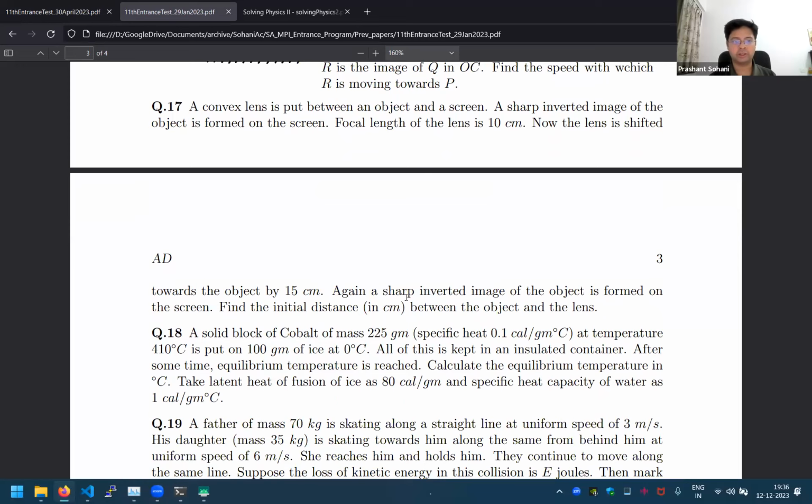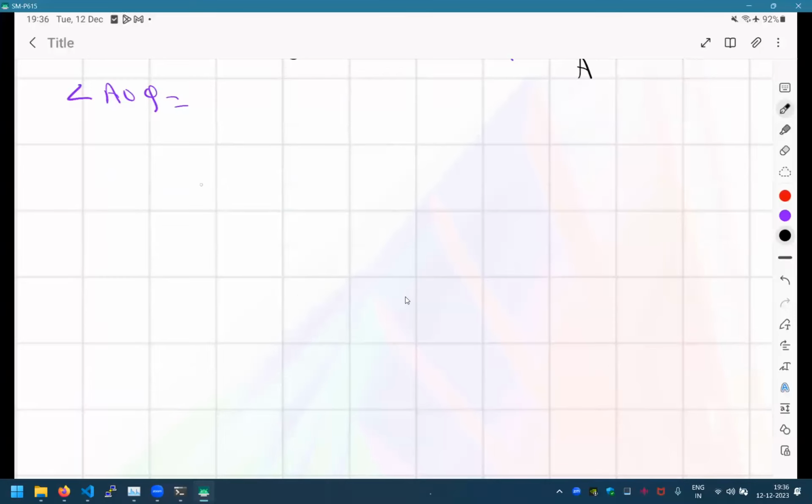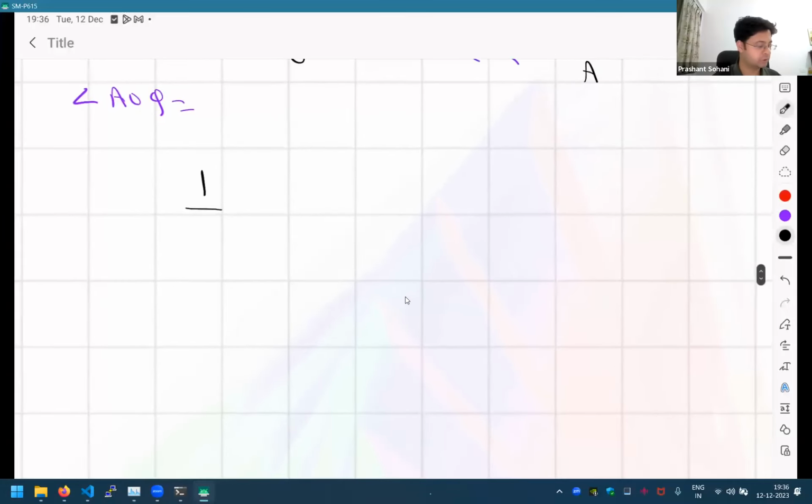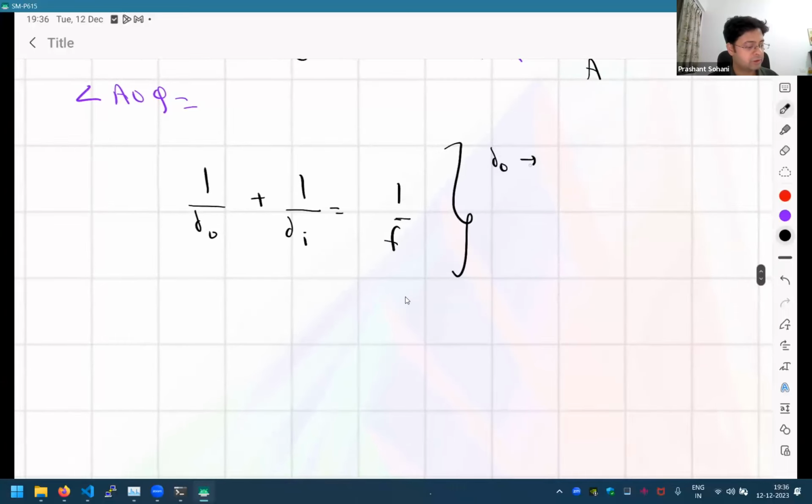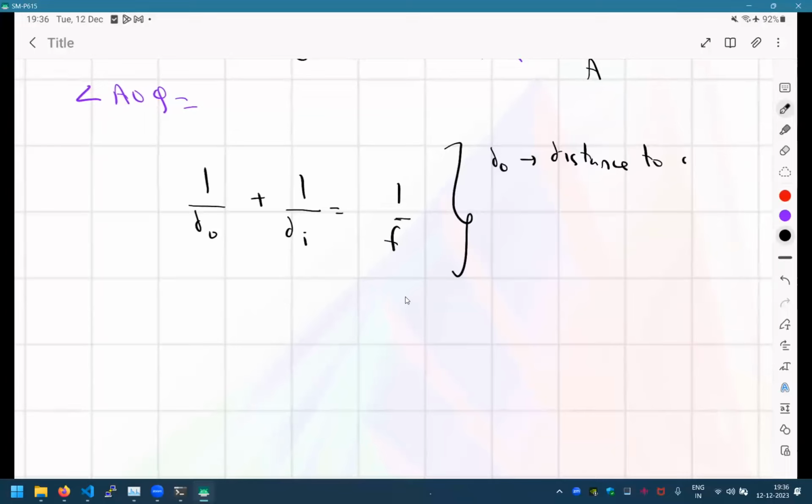There is a formula: DO, DI, the focal length. Some of you don't know it, so let me write it. This is an important formula: 1 upon DO plus 1 upon DI is equal to 1 upon F. Here DO is the distance to the original object.